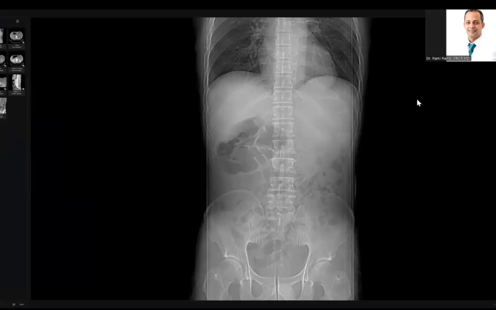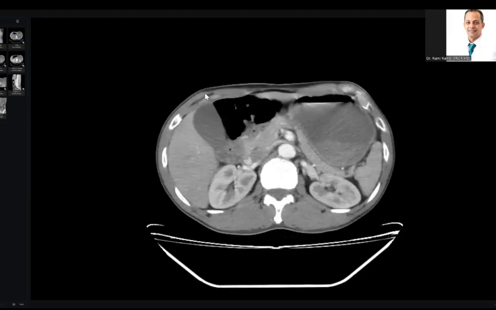I can see dilated bowel loops in the right upper quadrant, and I can't see any dilated bowel in the rest of the abdomen. The visualized bones appear normal, and I can't see any sign of free air or branching air projected over the liver.